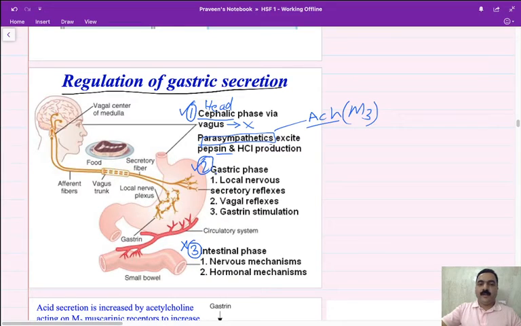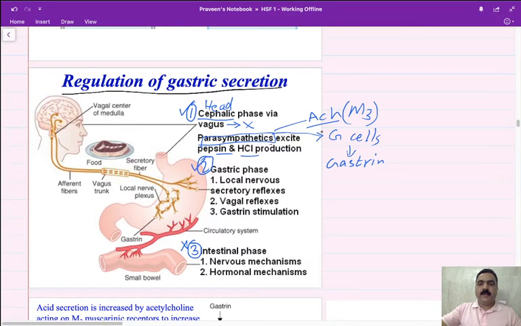Secondly, in addition to acting directly on the parietal cells to cause the HCl production, acetylcholine can also act on the G cells, which cause the production of gastrin.